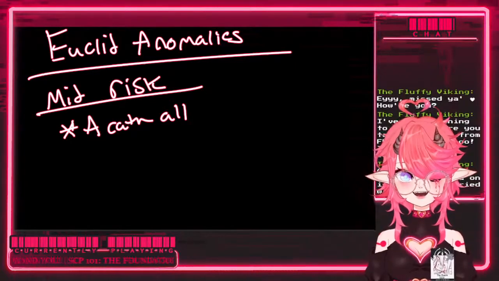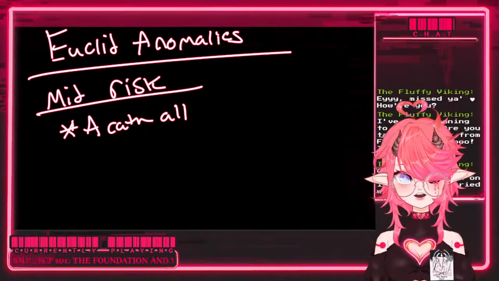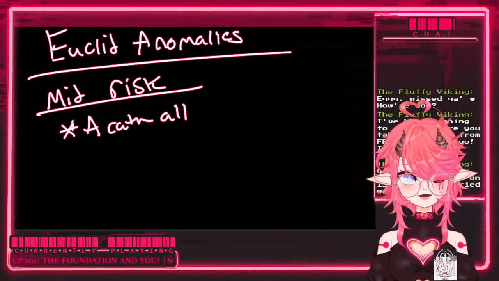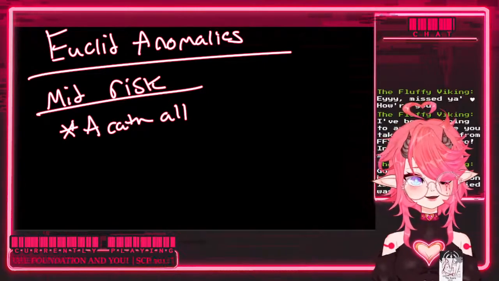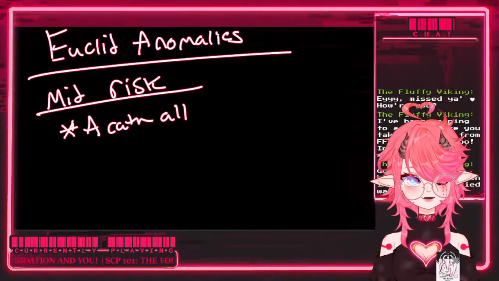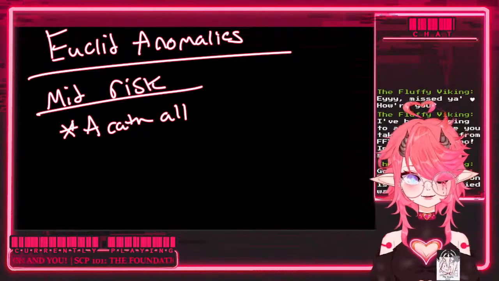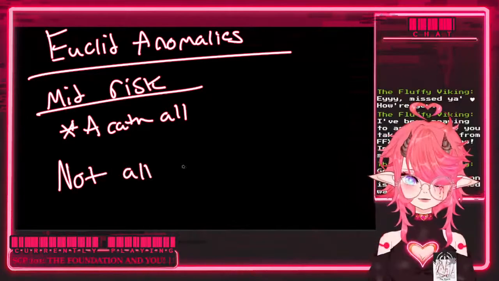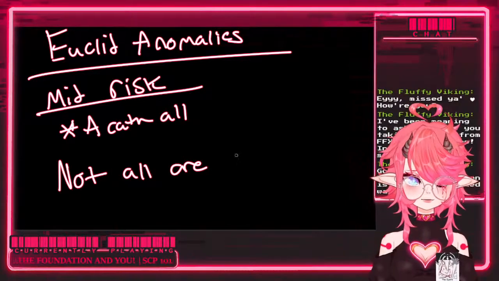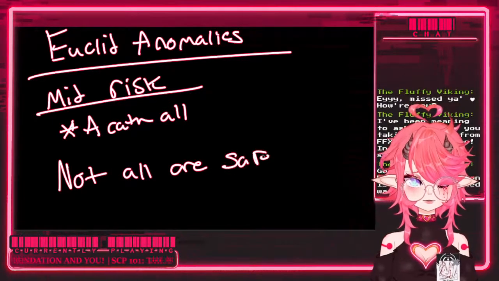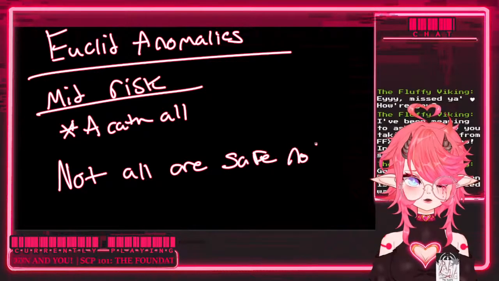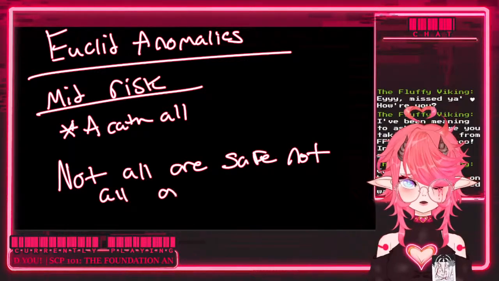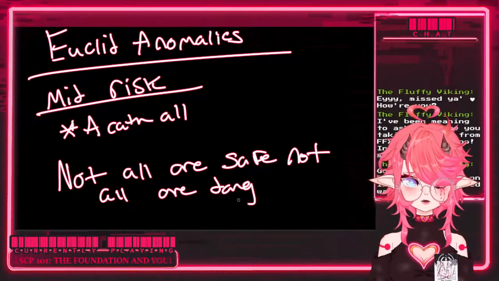Euclid class entities tend to be pretty basic. You can find a lot of different things in there to kind of catch all. Not all are safe. Not all are dangerous.